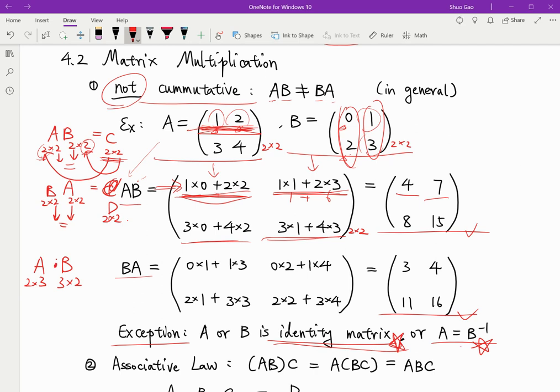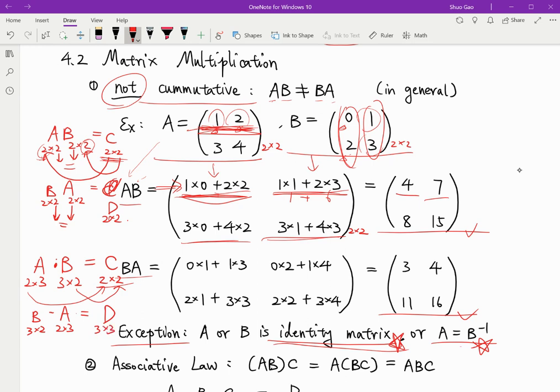If I calculate A times B, then the resulting matrix should be 2 by 2, because the 2 by 2 comes from the row dimension of A and the column dimension of B. But if we calculate B times A, B is 3 by 2, A is 2 by 3, and the resulting matrix is 3 by 3, right?